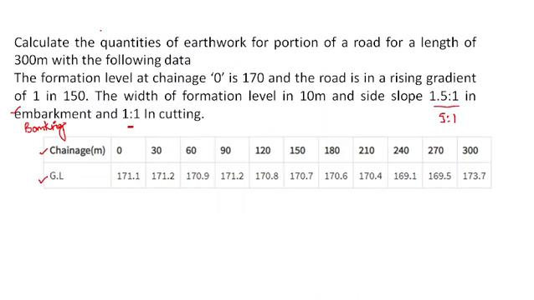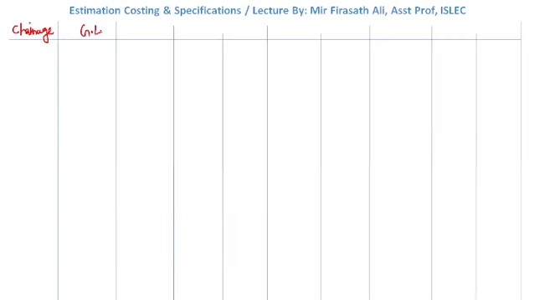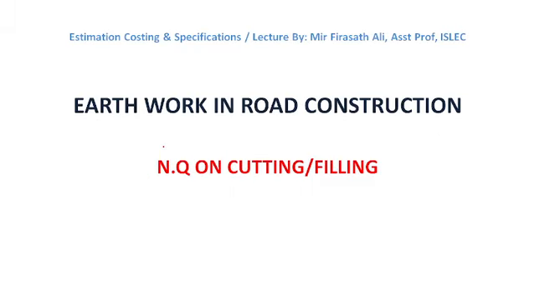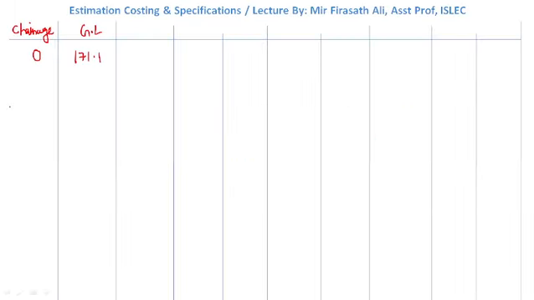Look at the question and fill this data. At chainage 0, our ground level is 171.1. At chainage 30, it is 171.2.